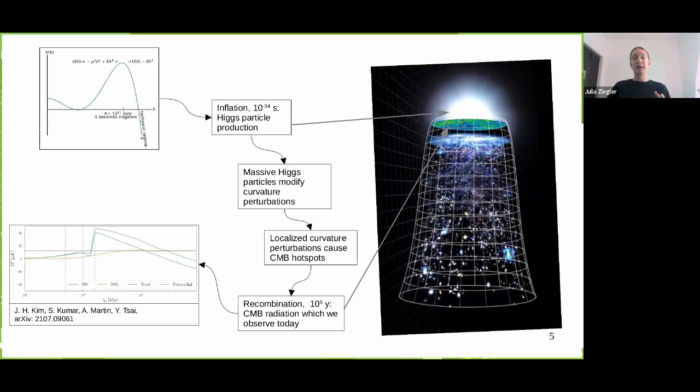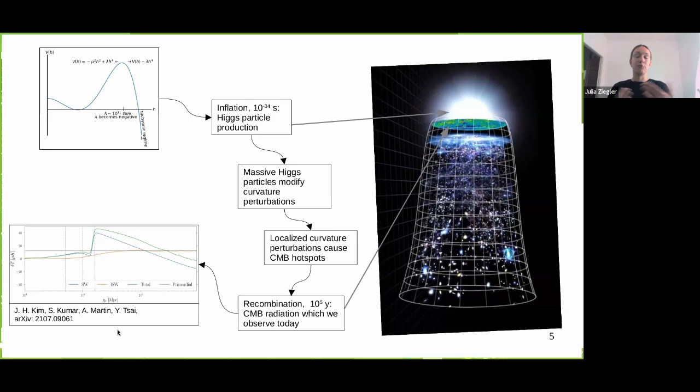So hotspots would be localized deviations from the background temperature of the CMB. Something like this has been done in a paper by Kim et al., where you can see one of their plots here. They have looked into also a scalar particle with time-dependent mass, and they have plotted here, for example, the temperature perturbation in dependence of the time of the particle production.